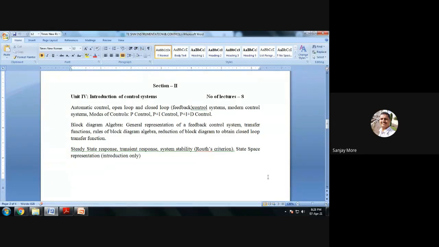Then next para, steady state response, transient response, then system stability, in bracket Routh criteria, bracket complete, and last point, state space representation, introduction only.